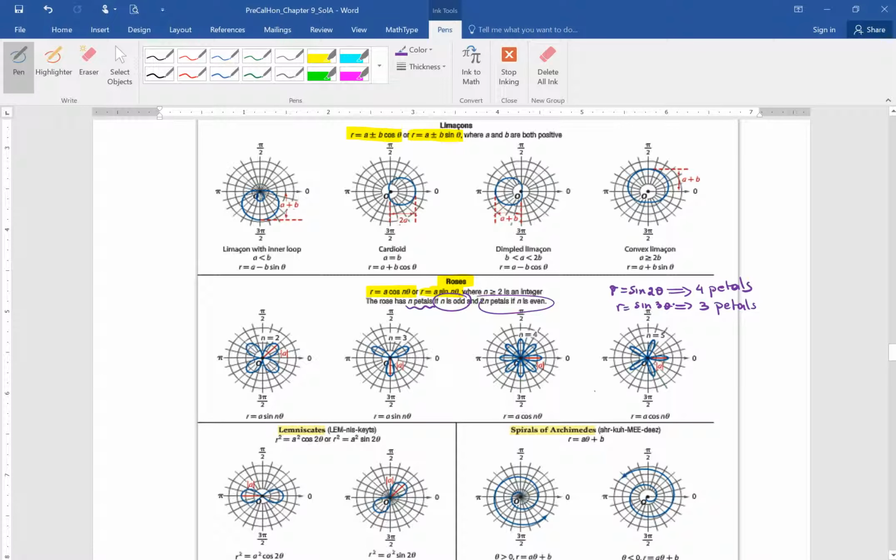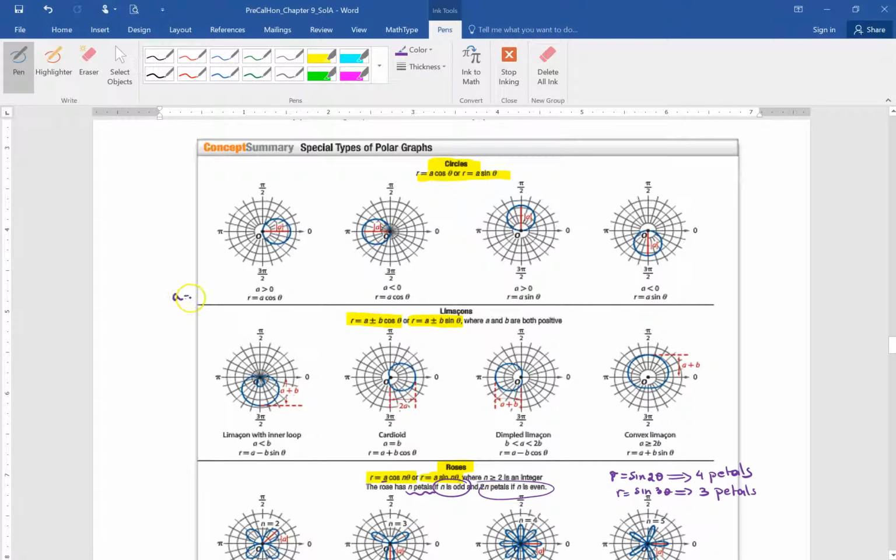Well, I guess it can't have 6 petals. It could have 8. And now, the number in front, the a, that's the radius. That's how far out the maximum number goes. So a is the maximum distance.